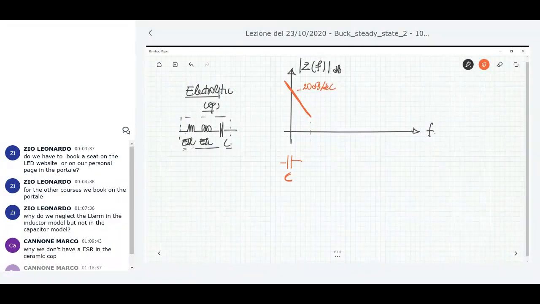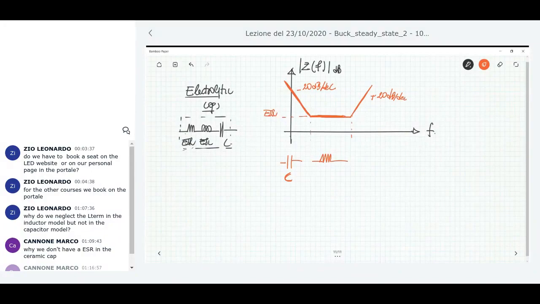Then the resistance dominates the impedance. So there is an intermediate frequency range in which we have the ESR, constant with frequency because our resistance has no frequency dependent behavior. And then for higher frequency, we have positive 20 dB per decade.